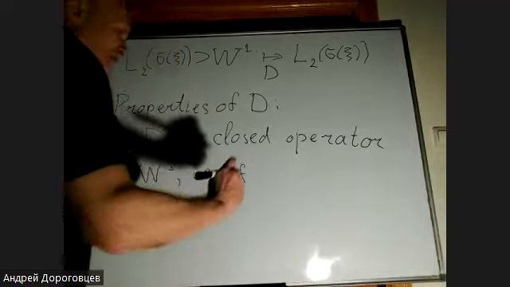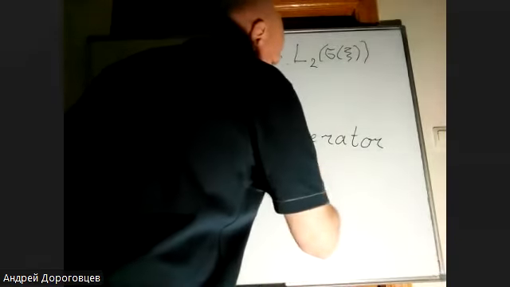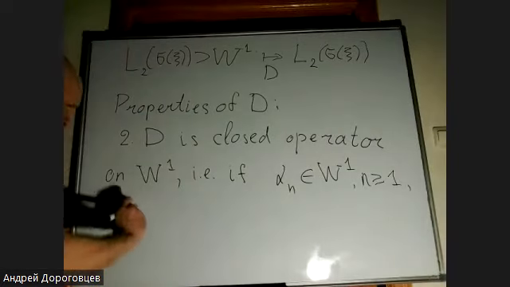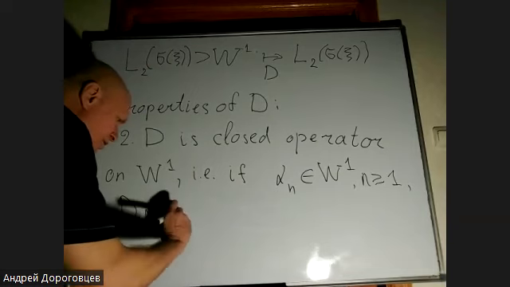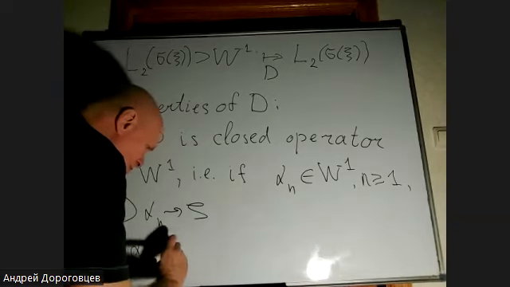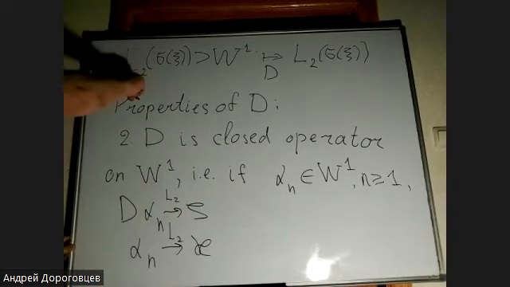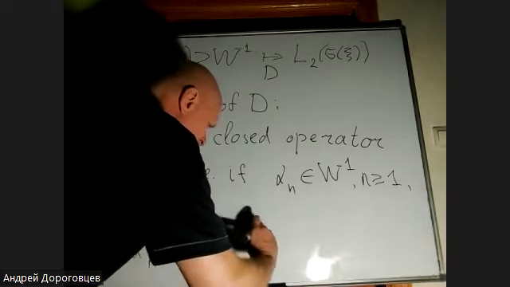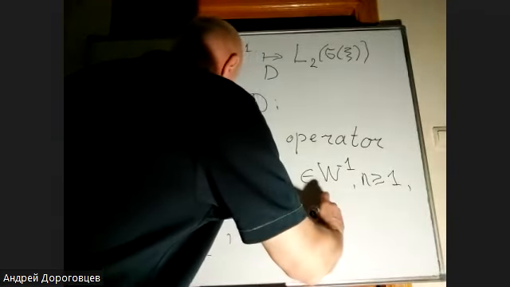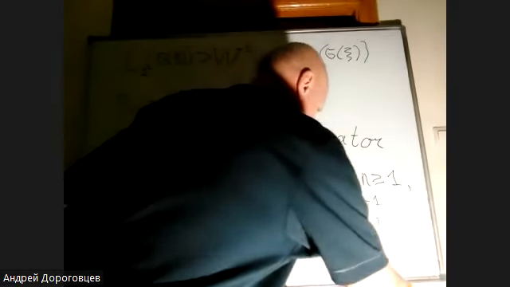If we have a sequence, for example α_n, of random variables from the domain of definition, such that Dα_n converges to some variable ζ, and α_n converges to some variable κ in the square mean, of course, in this space, as n tends to infinity, then this random variable κ belongs to W1 and D of κ equals ζ.